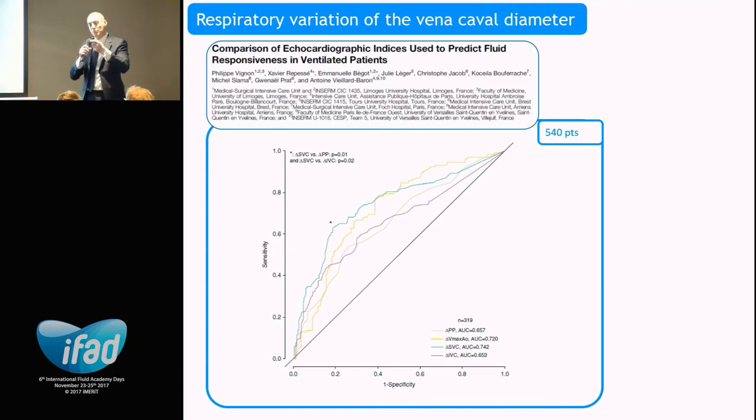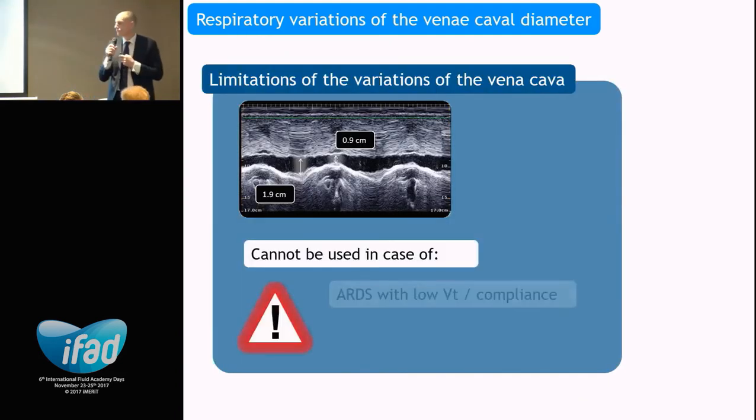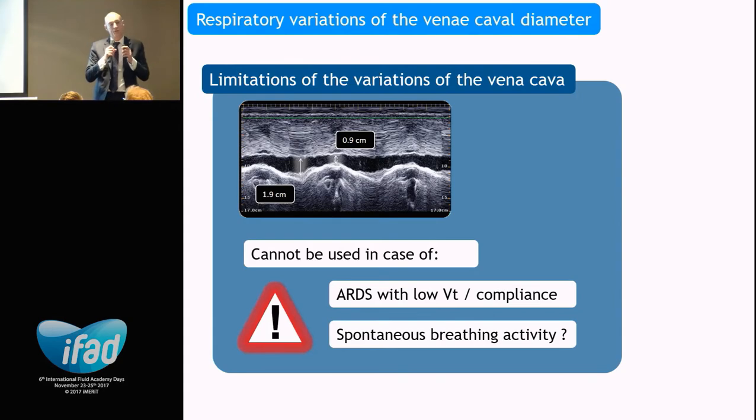Not the same as pulse pressure variation, as demonstrated by so many studies in the literature. And the second point is that it shares almost the same limitations as pulse pressure variation. Not the problem of cardiac arrhythmias, but spontaneous breathing, of course, it changes without indicating fluid responsiveness.